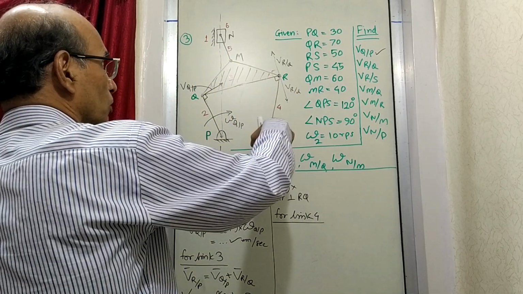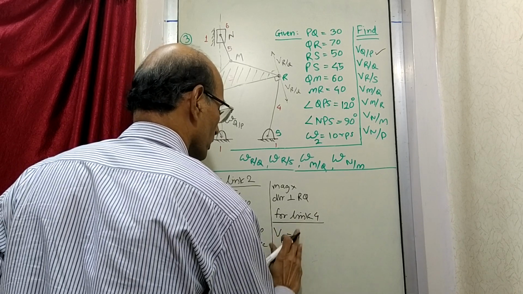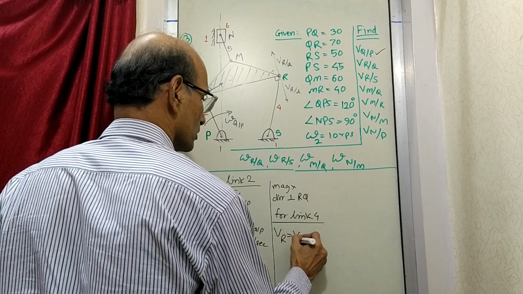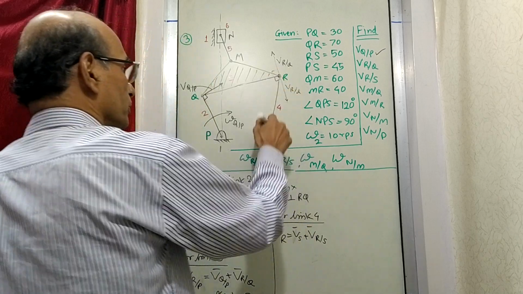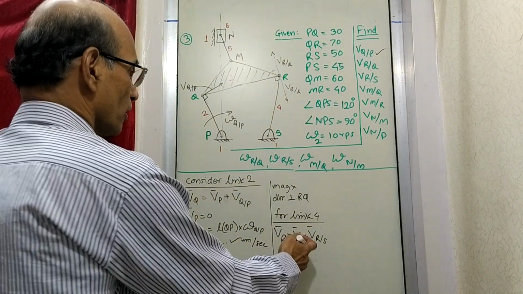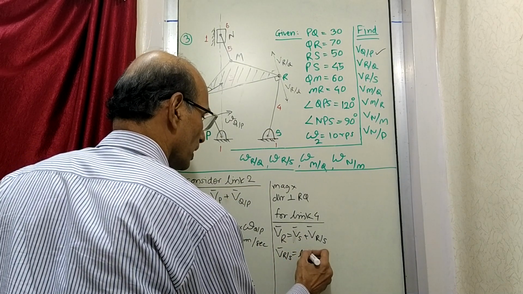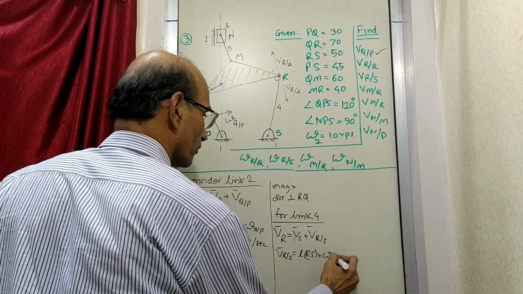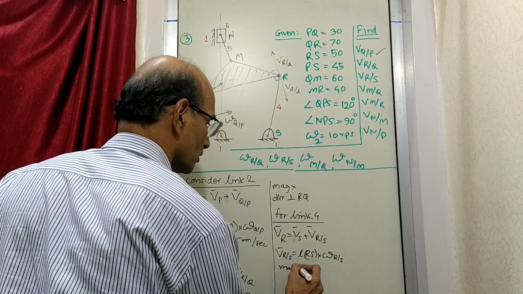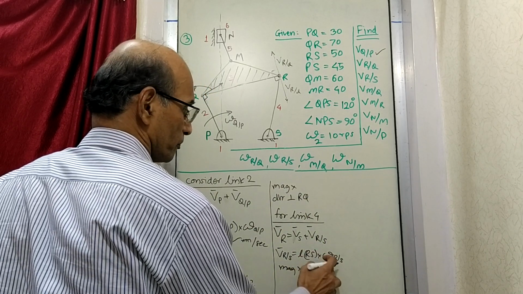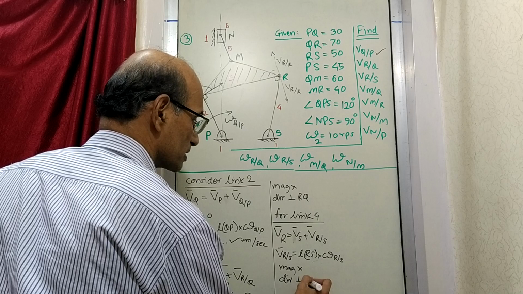For this link number 4, we write velocity of any point R is equal to velocity of the known point S plus velocity of R with respect to S. Now again velocity of S is 0, and velocity of R with respect to S is given by length RS into omega of R with respect to S. Here again magnitude we don't know because the angular velocity we don't know, but the direction we know: it is perpendicular to the link RS.